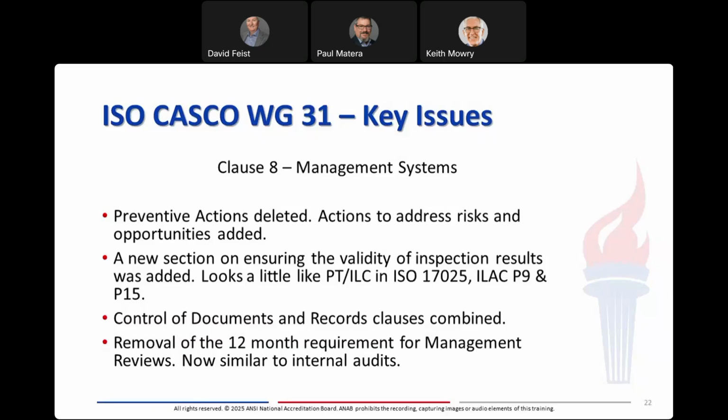The control of documents and records clauses are now combined into one clause. And good news for some people, the removal of the 12-month requirement for management reviews. So it now reads very similar to the internal audits. It just has to be done on a planned interval.